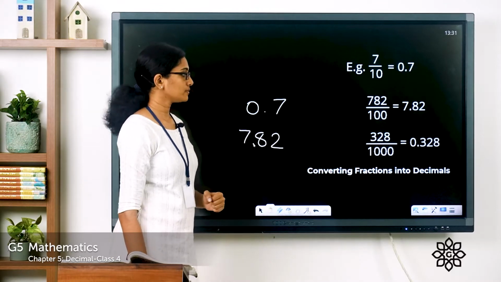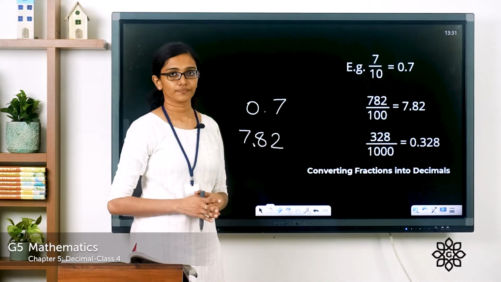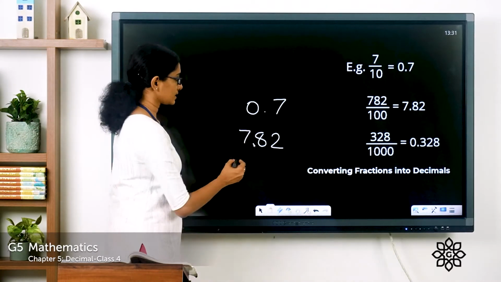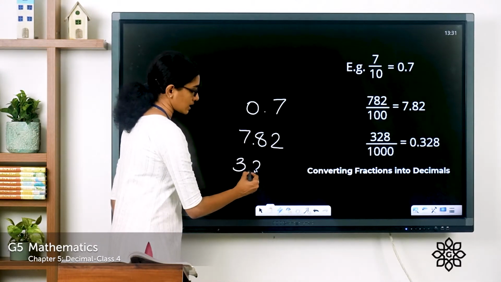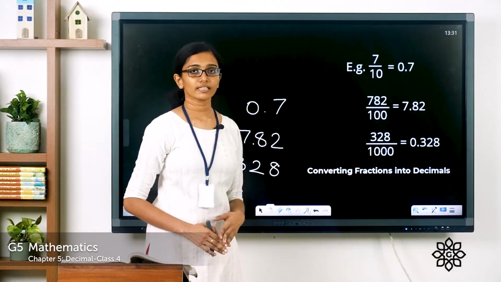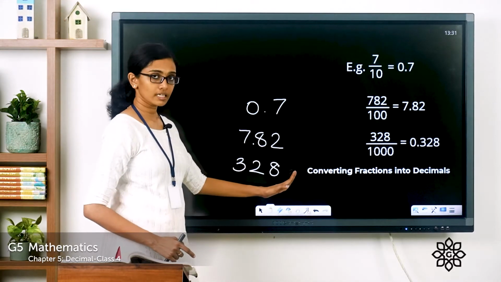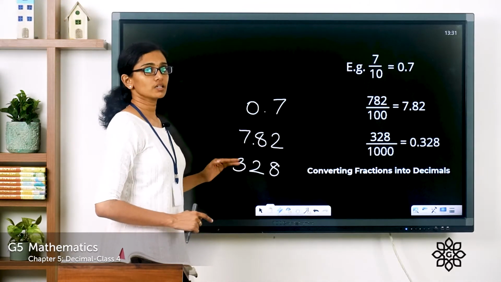See the next example. 328 divided by 1000. So you write the given numerator 328, and how many zeros are there in 1000? 1, 2, 3. So starting from the right, count 3 places to the left.